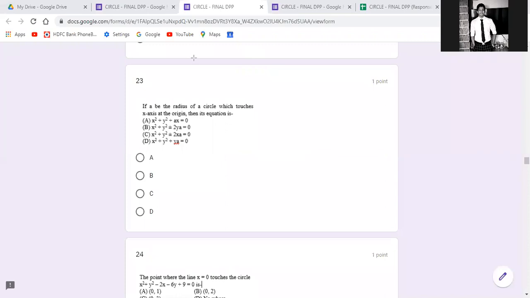Touches the x-axis at the origin. I cannot draw this properly.